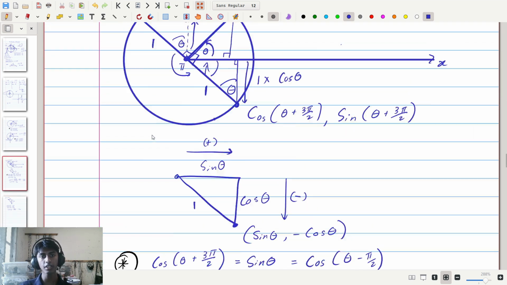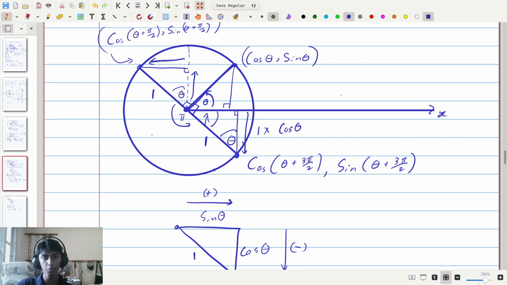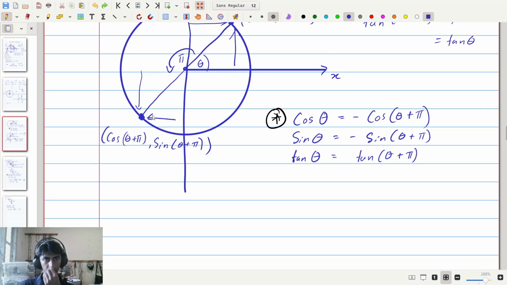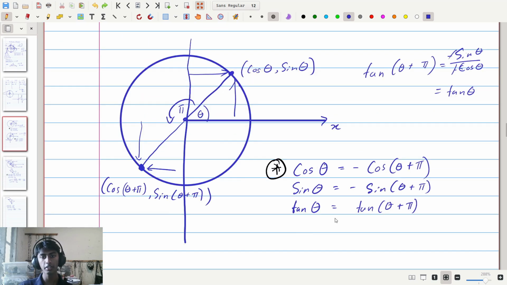and this is to be expected, of course, because the 2 points that we were considering here, this point and this point, were 180 degrees apart. You can clearly see they were 180 degrees apart. And recall our very first symmetry that we found: when the 2 points are 180 degrees apart, tan theta remains unchanged.